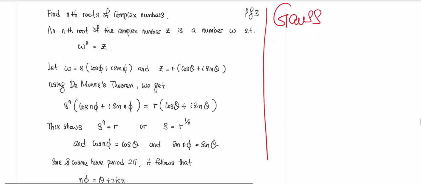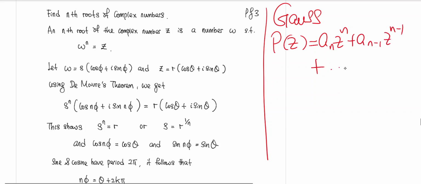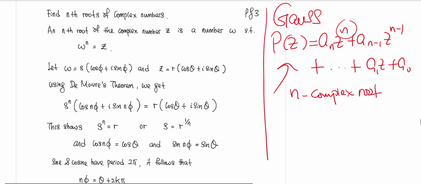It's called the fundamental theorem of algebra, which says that if you allow yourself to use complex numbers, and you have a polynomial in z of degree n, so let's say that this is our polynomial, a_n z^n plus dot dot dot plus a1 z plus a0, then this polynomial has exactly n complex roots. So this is something which is pretty powerful.